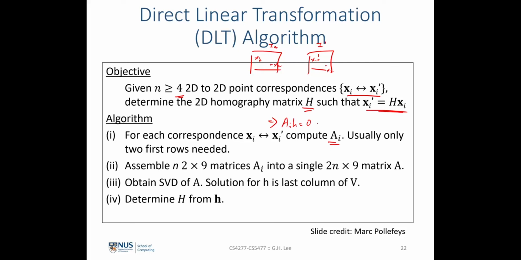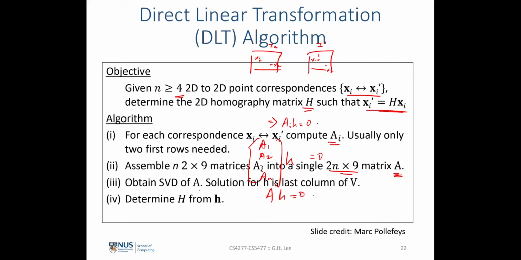Then we'll assemble n of these 2 by 9 matrices Ai into a 2n by 9 matrix A. So we'll stack all the Ai together, A1, A2, all the way to An, to form Ah equals 0.